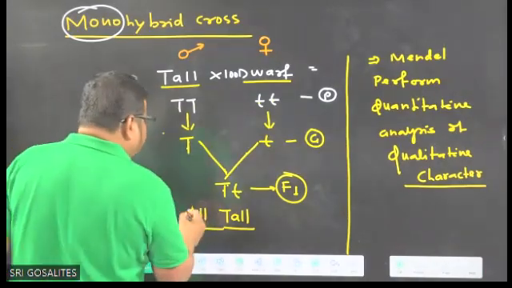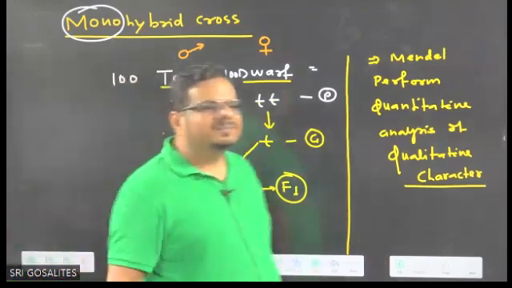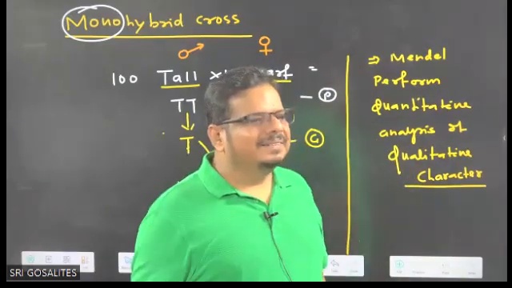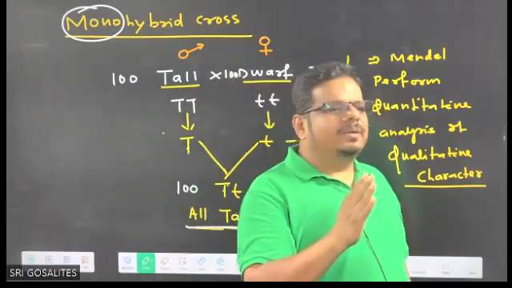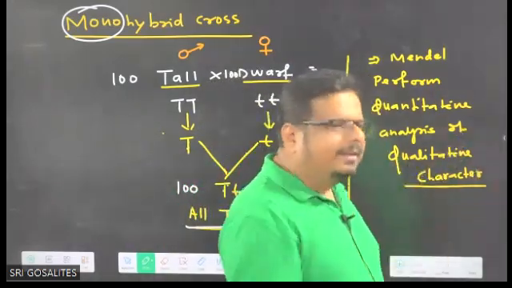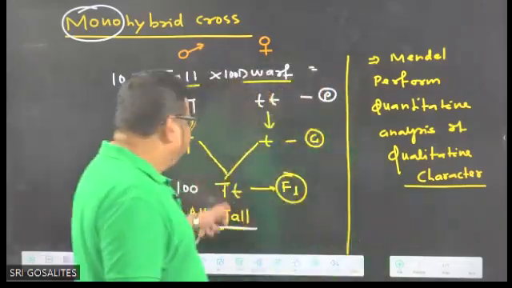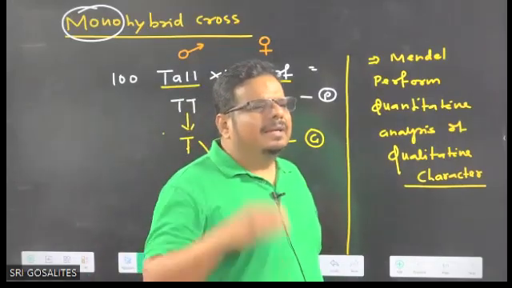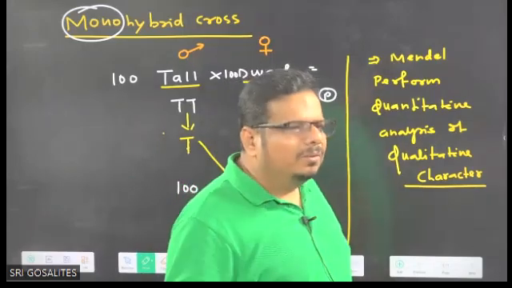In the F1 generation, what do you find? All 100 are what? Tall. No one is dwarf. If Mendel made a cross between one tall and one dwarf, just try to understand, and if tall came, it would not be a surprise in Mendel's mind, because he may think it may be possible that next time dwarf will come.